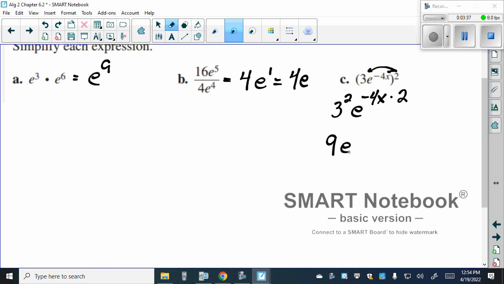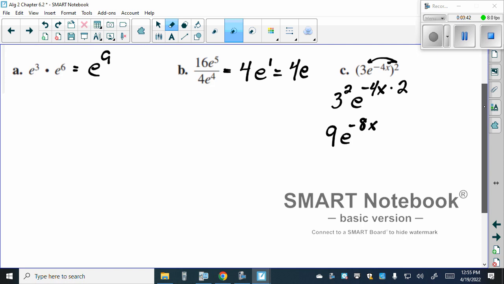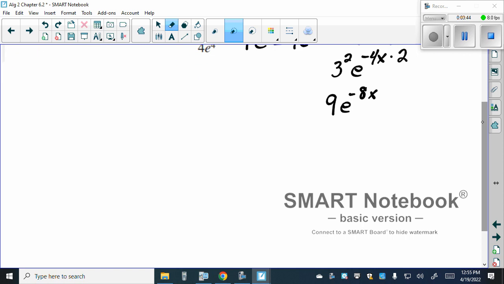Now our negative 4x times 2 is going to be negative 8x. Now we can't leave a negative in an exponent, so we have to move it from the numerator to denominator, or denominator to the numerator. So we're just moving it to the bottom of the fraction. That's it. Questions on this here?